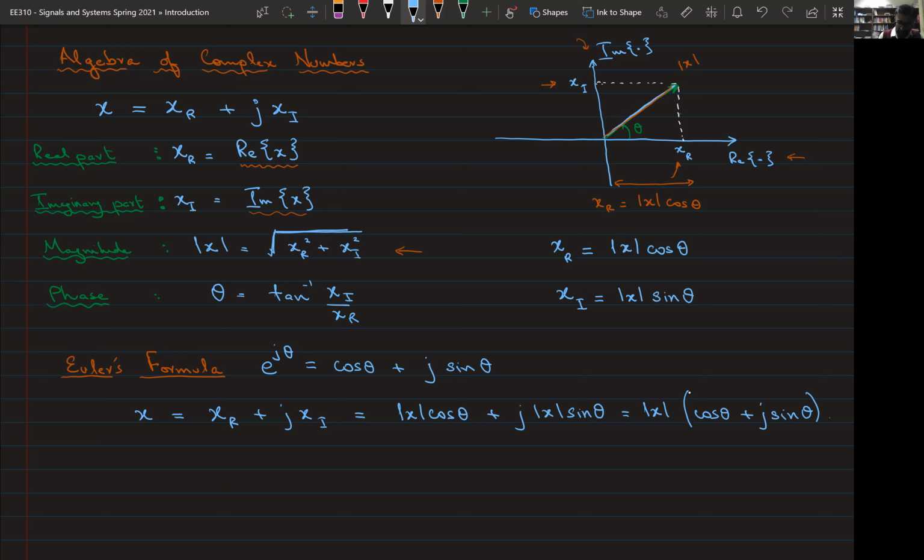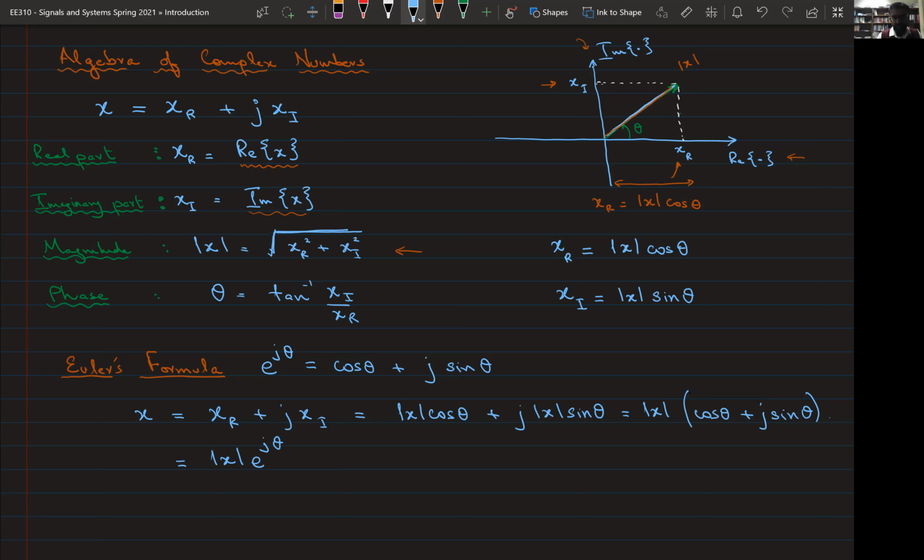And from here, just using Euler's formula, what I have inside the brackets is nothing but e raised to power j theta, right? So this is equal to the absolute value of x times e raised to power j theta, just a simple use of Euler's formula.